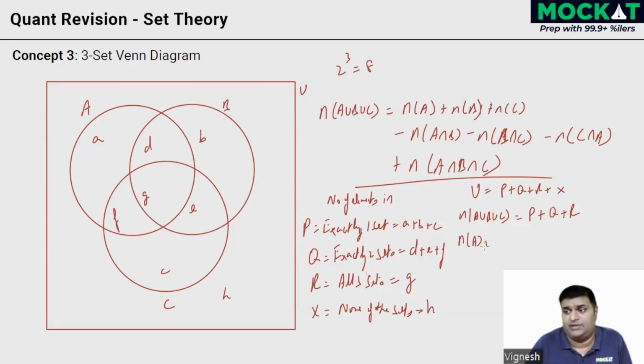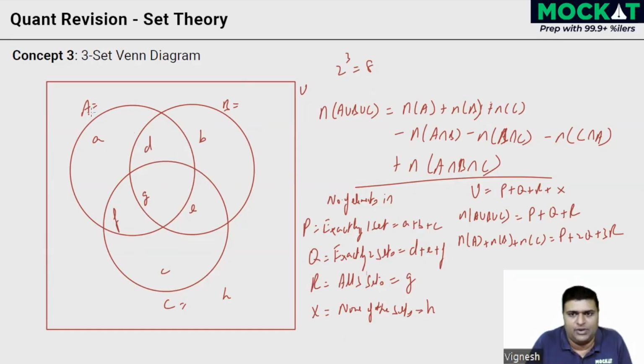The third one over here is N of A plus N of B plus N of C, which is going to be P plus 2Q plus 3R, and we will be using this a lot. When I know the totals given to me, it's P plus 2Q plus 3R, because in ADGF, BDGE, CFEG, A, B, and C got added once. So P is once.